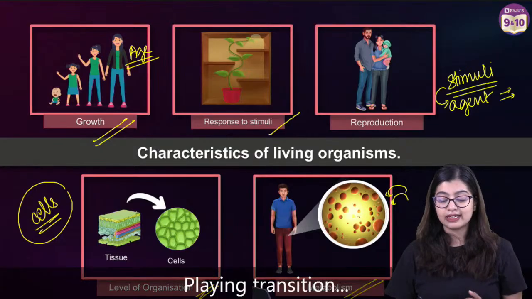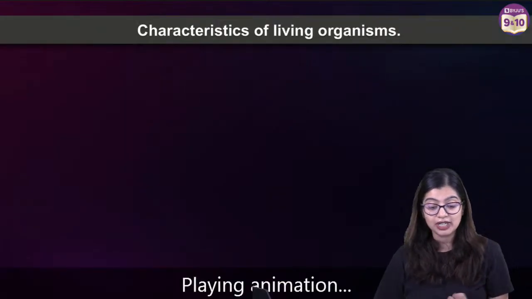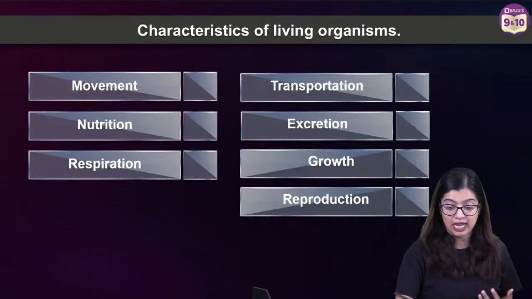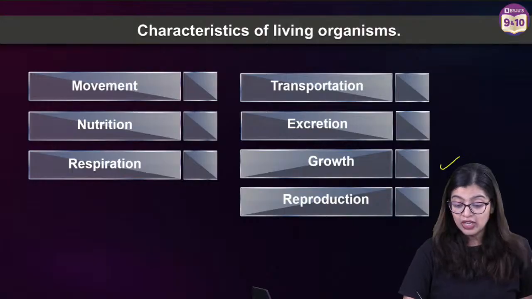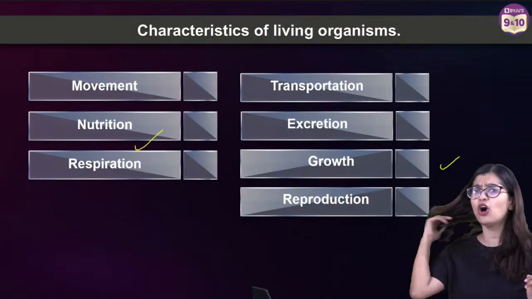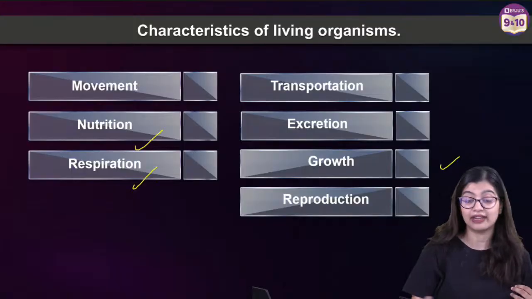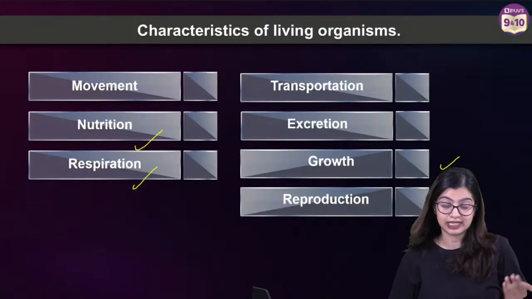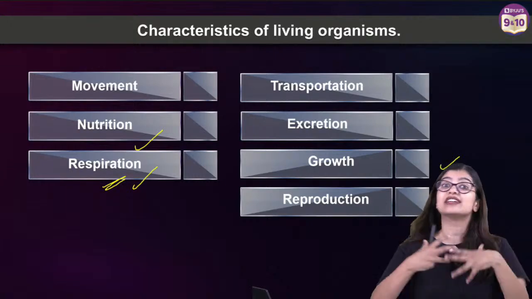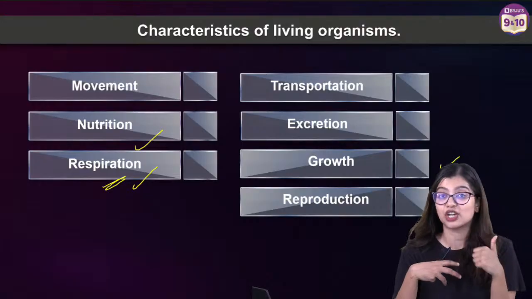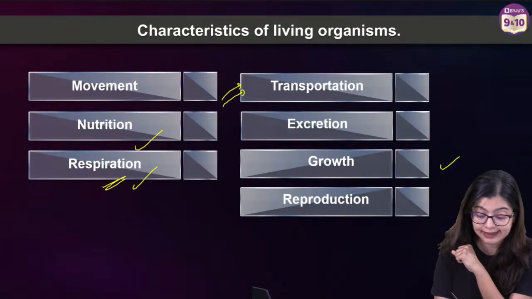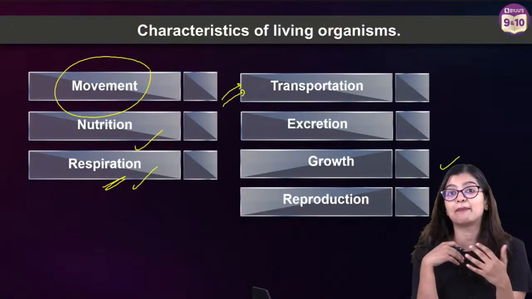So in such cases, living organisms exhibit various characteristics, right? Some characteristics that we've explored, like growth, we've seen how we require food. Along with this, we also see that we require energy to carry out various reactions, various chemical reactions that happen within our body. We know that there needs to be transport, movement of substances internally.